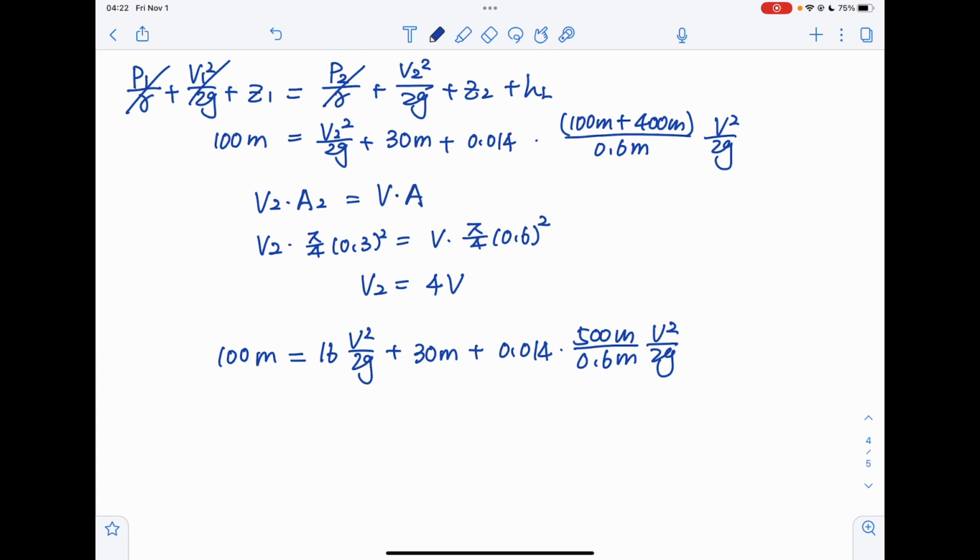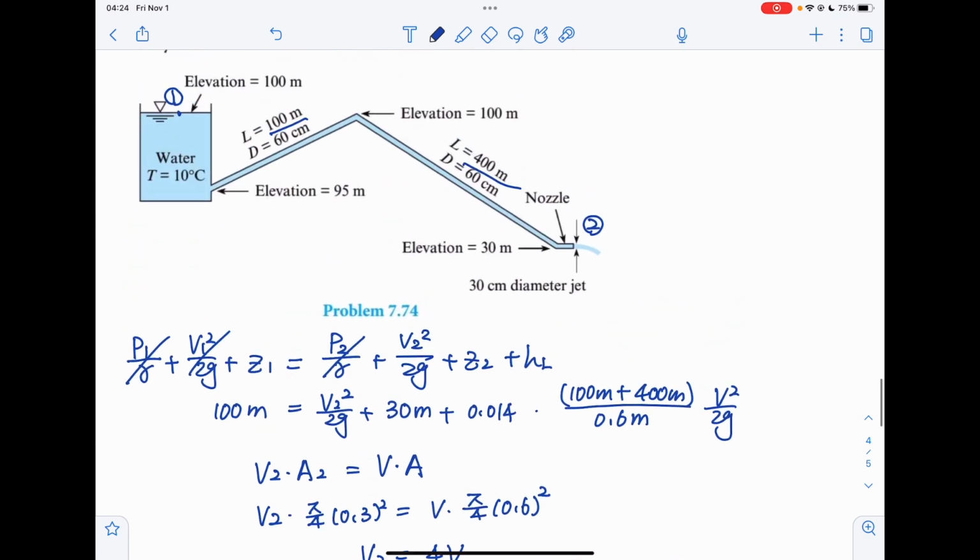And you solve for the velocity. Here V equals 7.046 meters per second. Okay, so we have the velocity here.